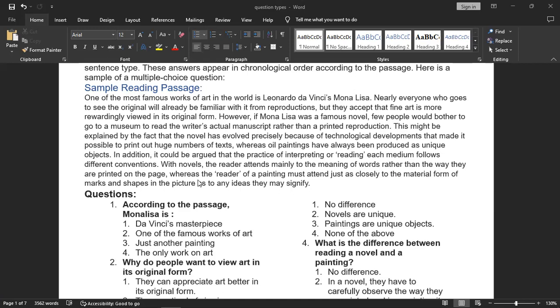With novels, the reader attends mainly to the meaning of words rather than the way they are printed on the page, whereas the reader of paintings must attend just as closely to the material form of marks and shape in the picture as to any ideas they may signify. Thank you so much.